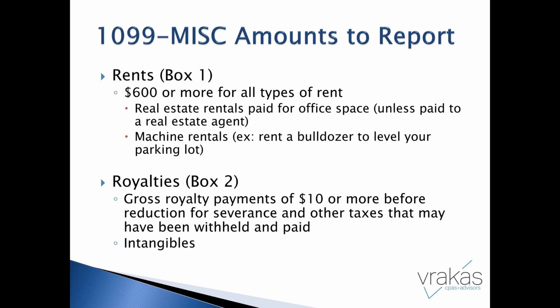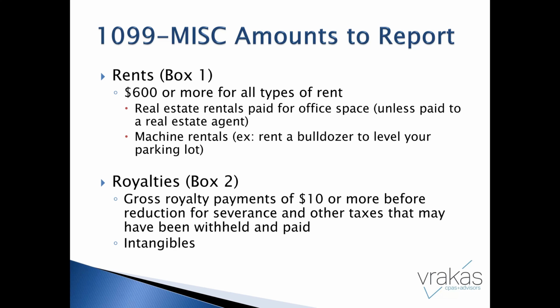If they've separated out the cost for the operator and the cost for the backhoe, you could put the rent in box 1, but then you have the operator in the other boxes on the NEC. So you have different locations for different things. But again, if they only give you one invoice, which typically they would, you just put it in the rent box.